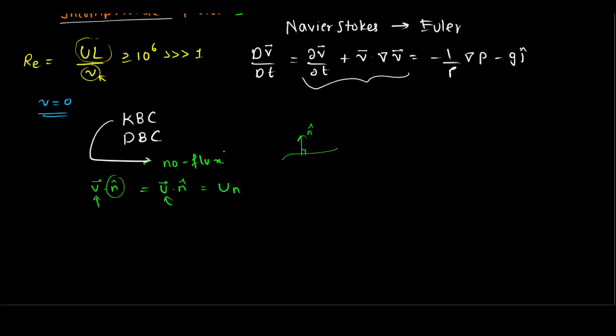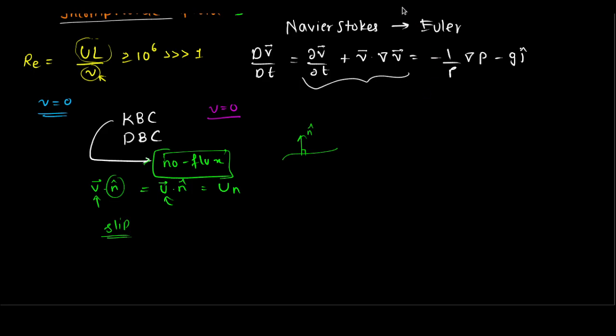So there should be no flux change. That is one kinematic boundary condition. The other kinematic boundary condition was the no slip condition, but since here we have said that the viscosity equals 0, we do not assume that condition, and therefore we can have a slip condition. So the only kinematic boundary condition we have here is that there should be no flux at the boundary.